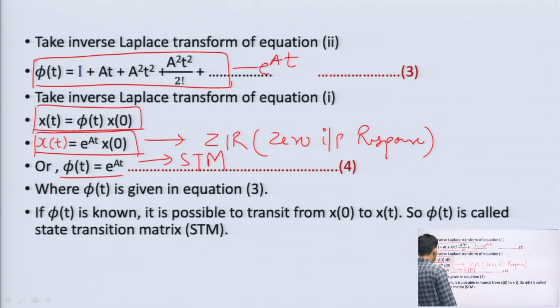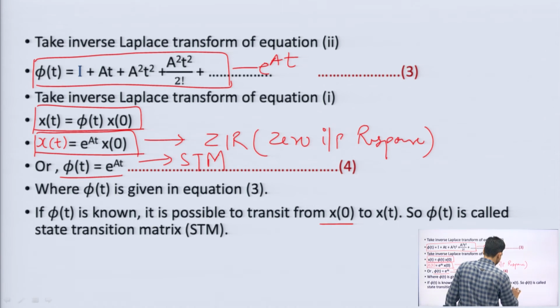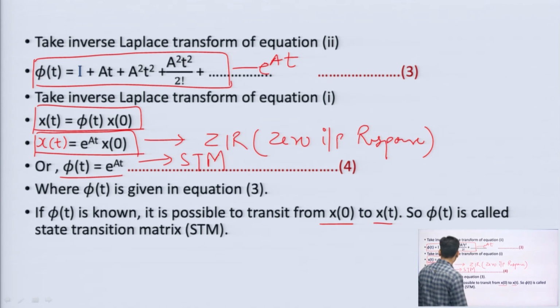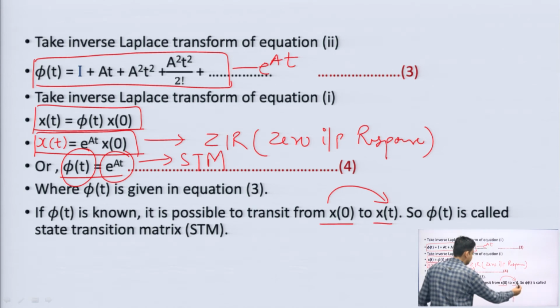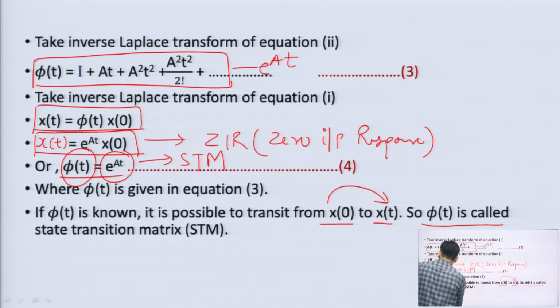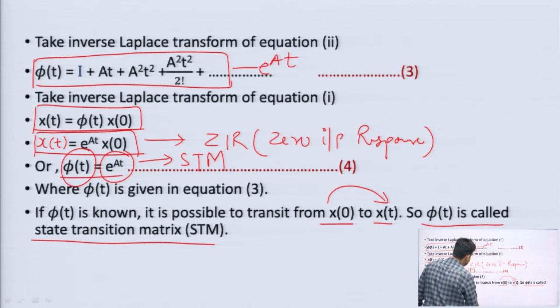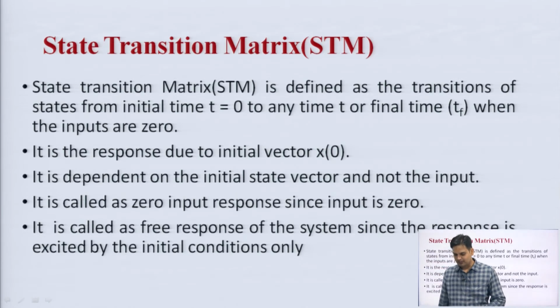Basically, phi(t) tells you the transition from state x(0) to x(t). It means how the state is varying from the initial state x(0) to the final state x(t). It is explained by this term phi(t), which is equivalent to e to the power At. That is why it is called the state transition matrix, which tells you how the state is varying for different instants of time.